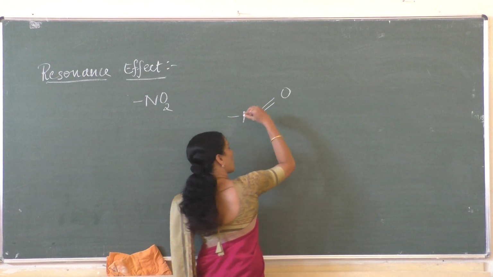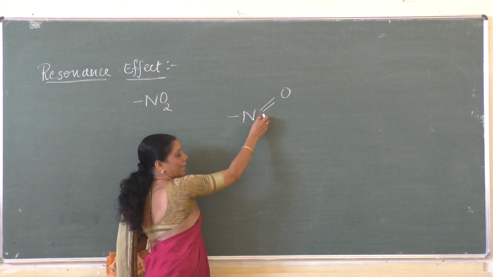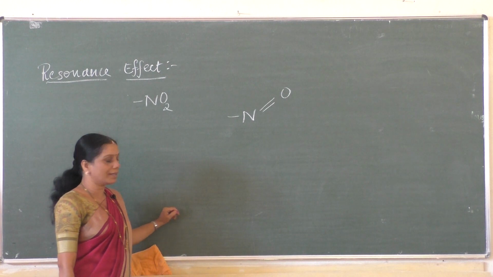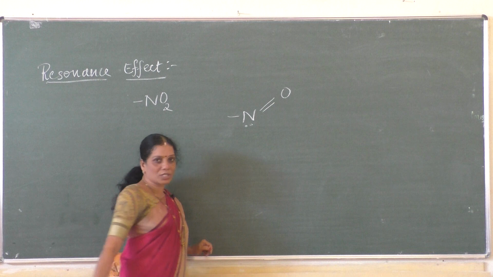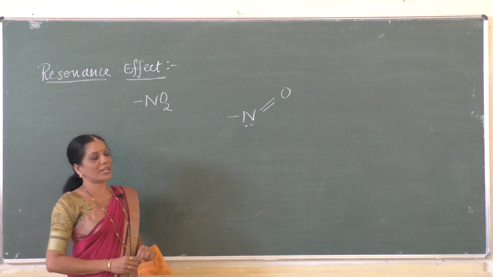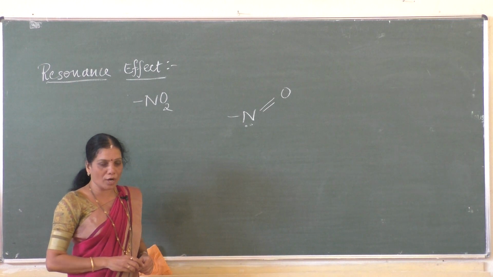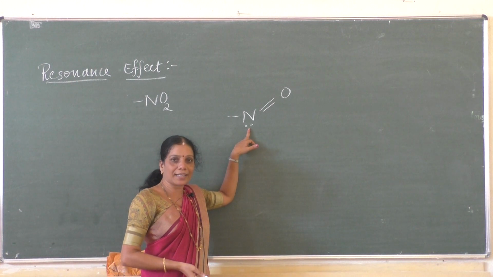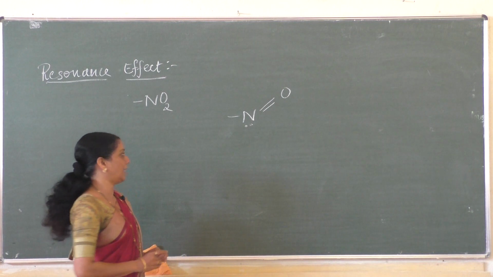One of the oxygens is bonded by a double bond, and the 3 covalency of the nitrogen is completed here, and 2 more electrons remain, that is a lone pair. 5 electrons are there in the valence shell of nitrogen. 1, 2, 3, 3 are used for the formation of the covalent bond. The remaining 2 electrons, we know these electrons are called lone pair of electrons or the non-bonding electrons.